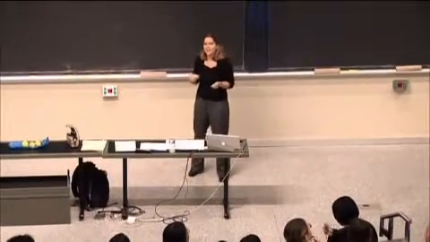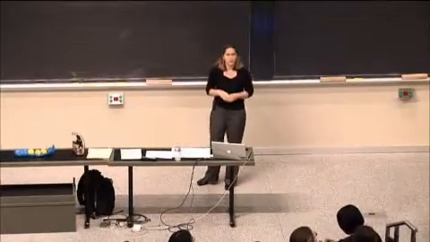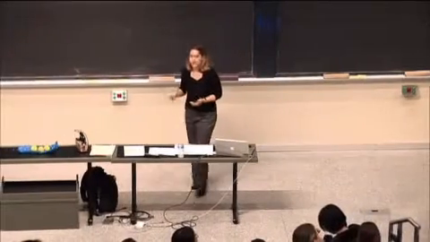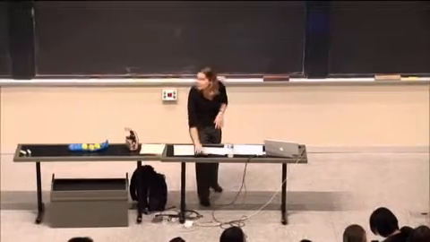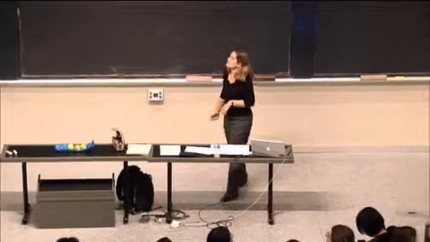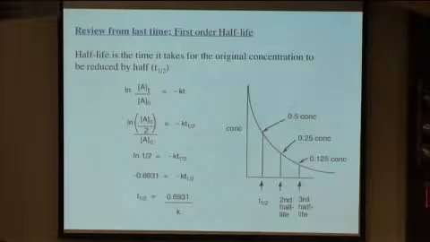You told me last time that an example of first-order half-life is radioactivity, which we're going to be talking about today. So just a little review from last time. You have your first-order integrated rate law. The half-life is defined as the time it takes for half of the original material to go away, and the half-life is abbreviated T1/2. That's the symbol for half-life.